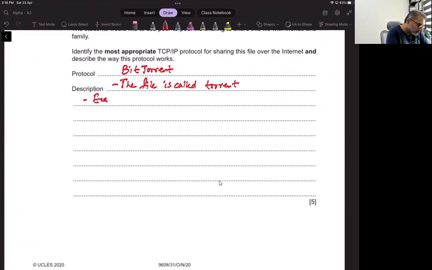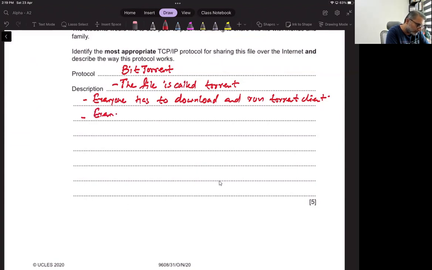Everyone has to download and run the torrent client.